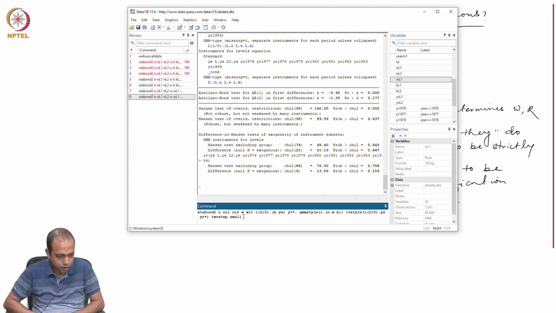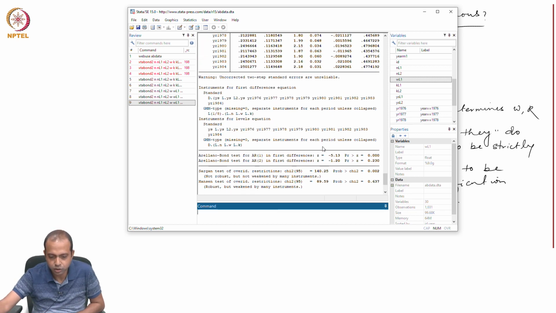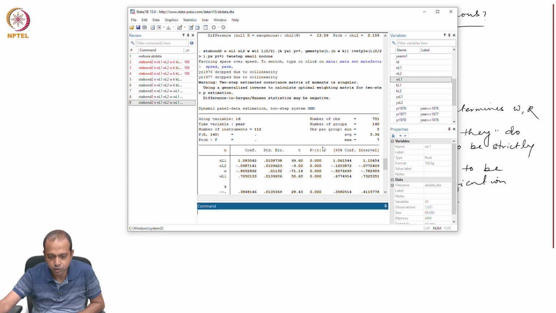So, two step system GMM, and since this is a system GMM that we are estimating, we need to put that no cons command also, because no cons will remove the constant from the x and z, and then if we do so, it is just lying at 1.08, it is still outside the bound.